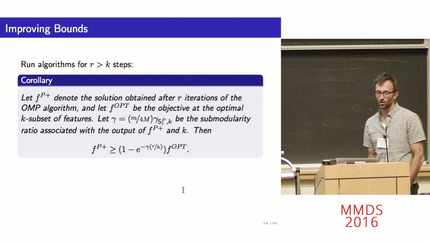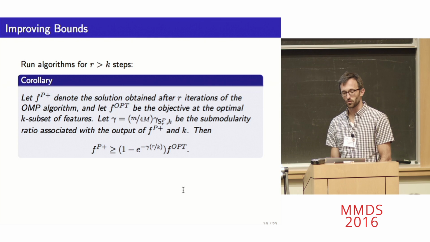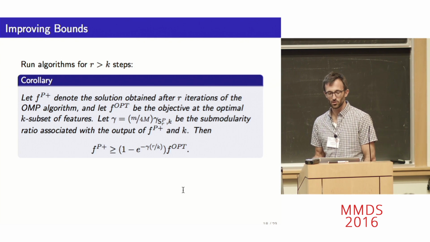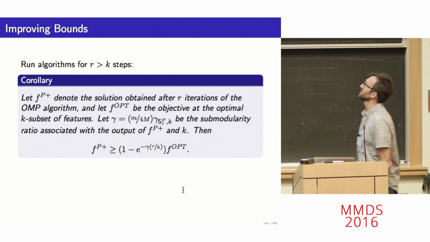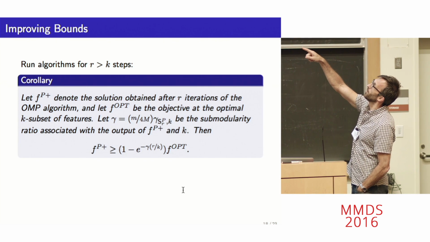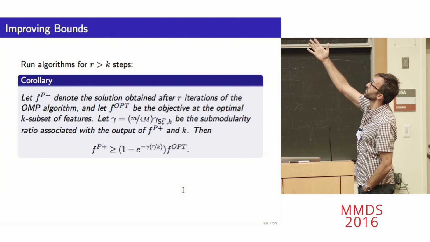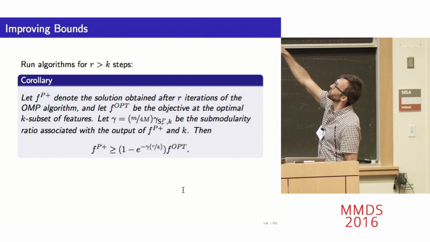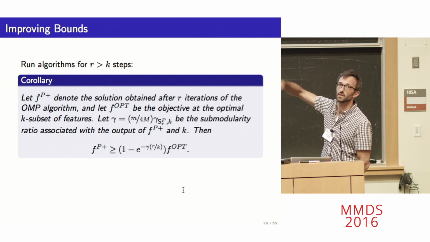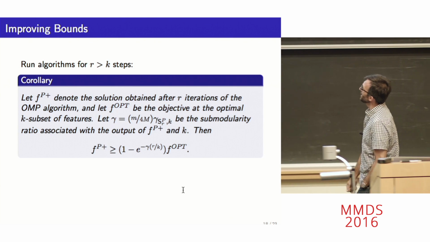These results are well known, and have been known for a long time, for submodularity, but they extend to weak submodularity as well in the following way. So now I'm not going to just select k objects. I'm going to select R, which is more than k. Here it says run the algorithm for R steps, because at every step I'm selecting another element of my support.